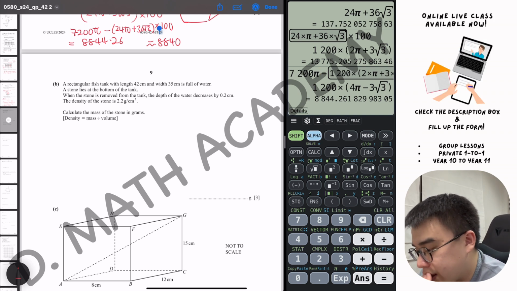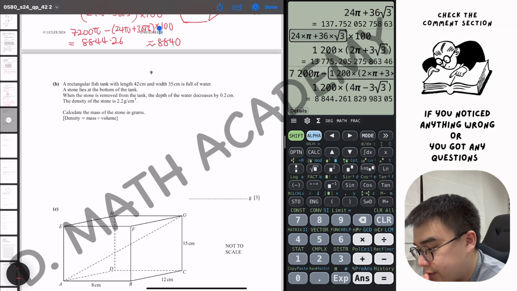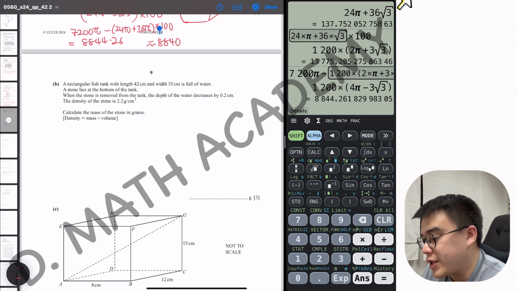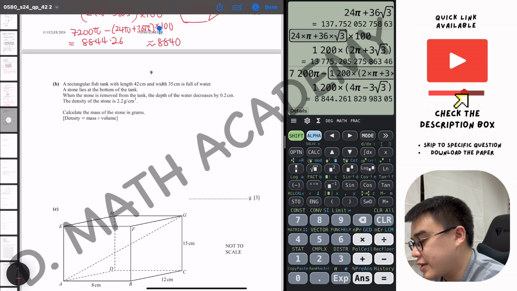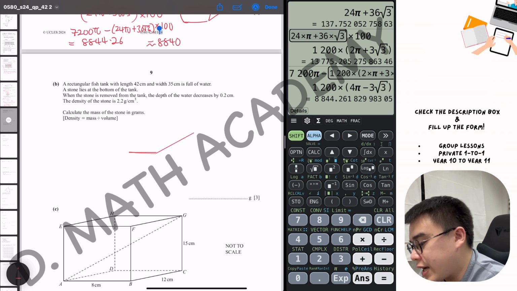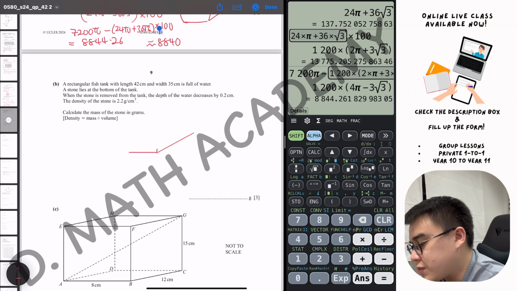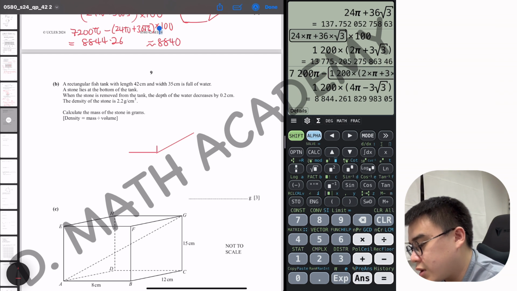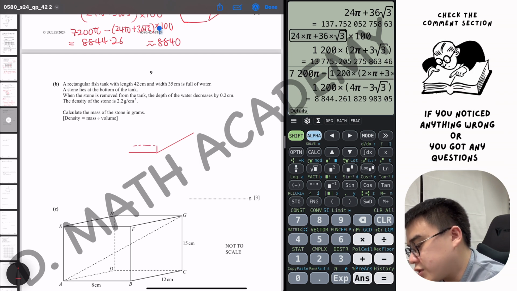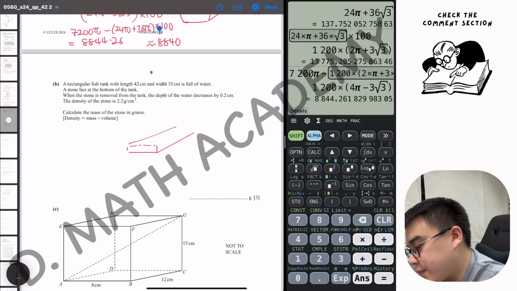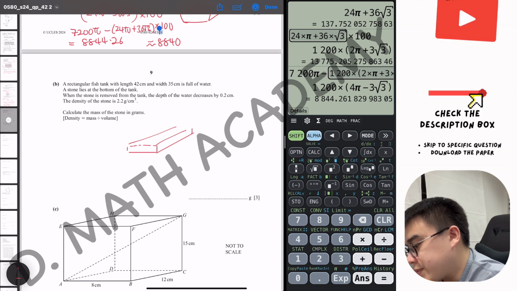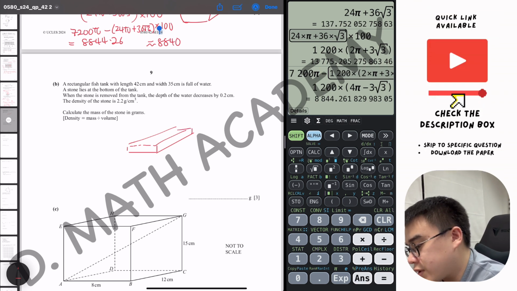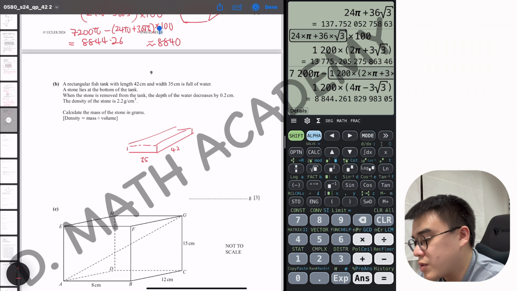Rectangular tank. So this is the part that was tricky here. They gave us the length, they gave us the width, they actually gave us the height. They told us it was 0.2. So just to let you picture the whole thing, basically we have 42, we have 35, we have 0.2.